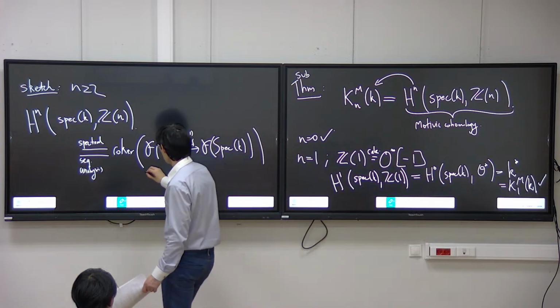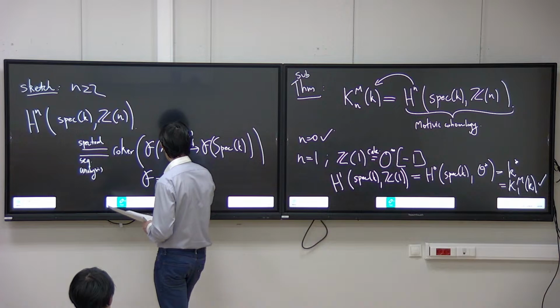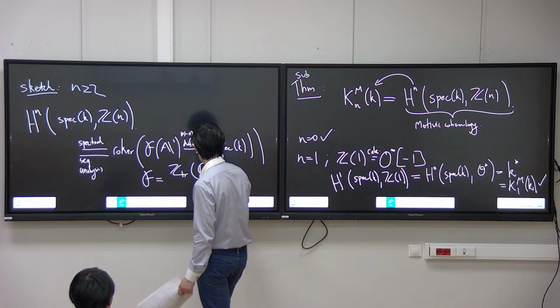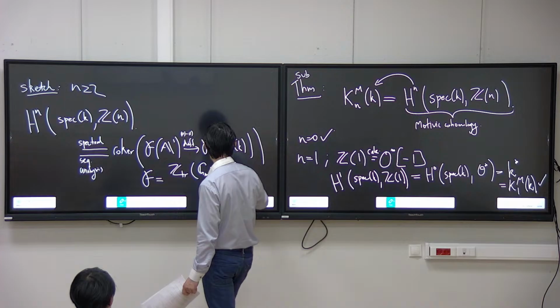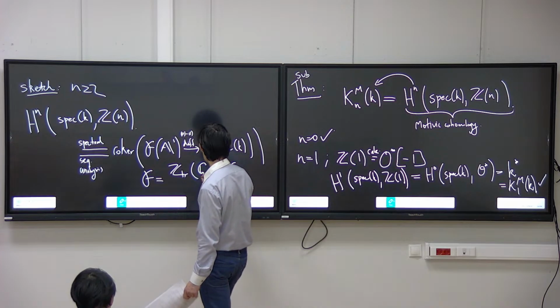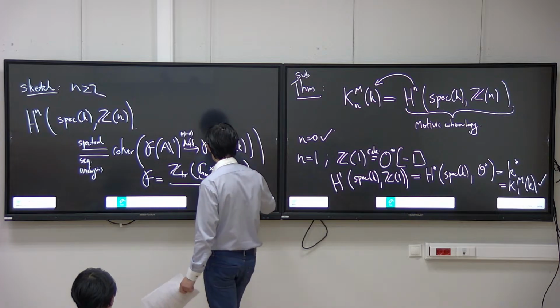And here, F is the sheaf of G_m, so the punctured disk, self-product n times, and quotiented out by some ideal.